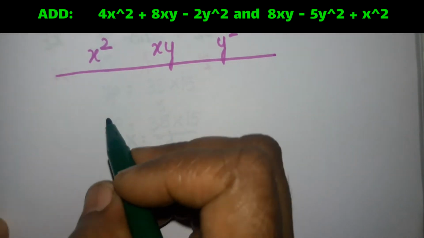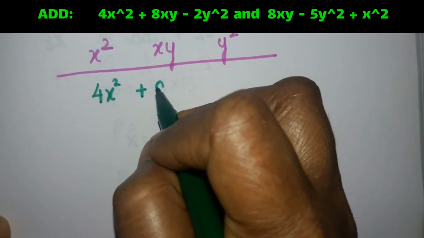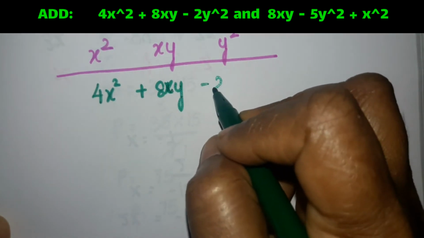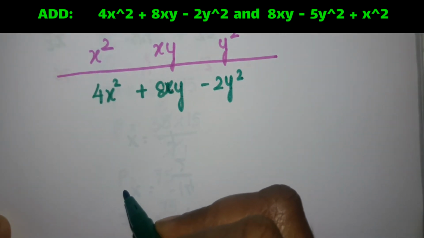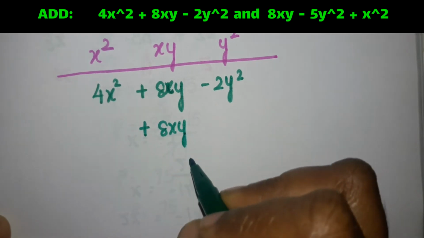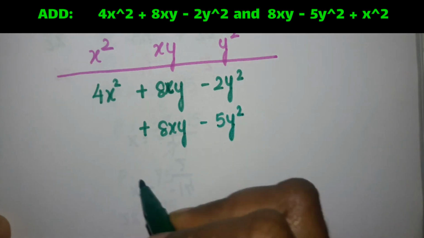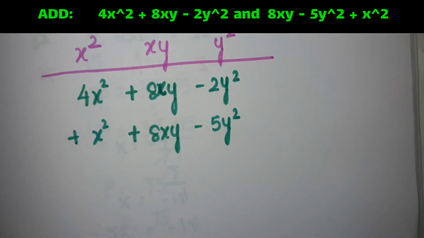So first equation is 4x square plus 8xy minus 2y square. And my second equation is plus 8xy minus 5y square plus x square.